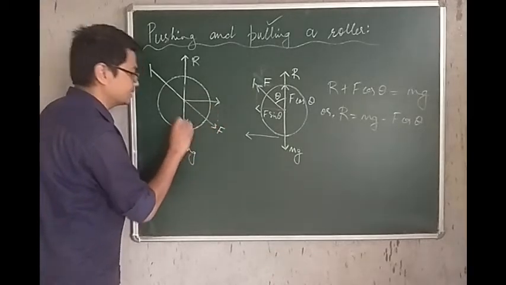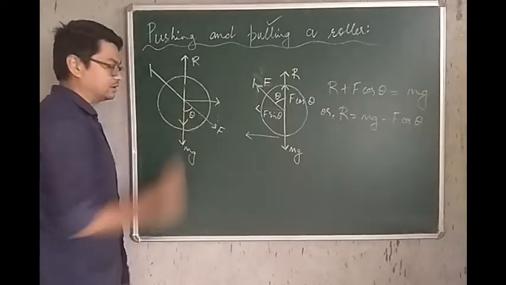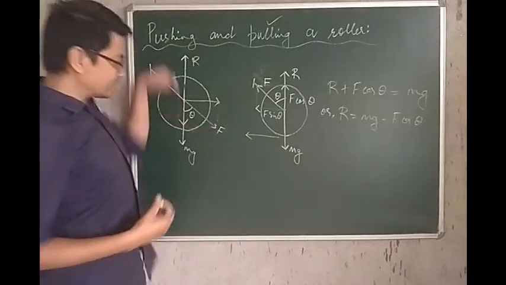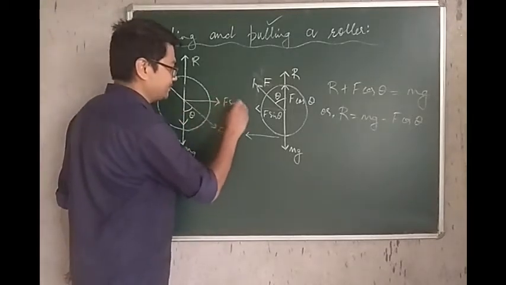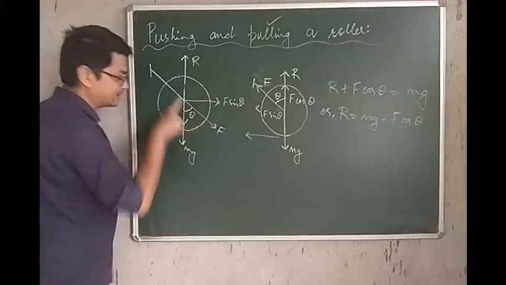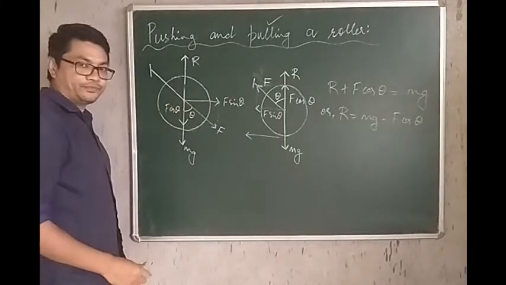If theta is the angle of the force with respect to the vertical, mind you, then this component of the force is F sine theta, and this component is F cos theta.